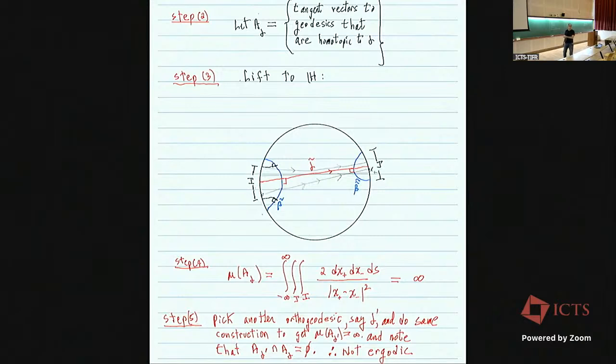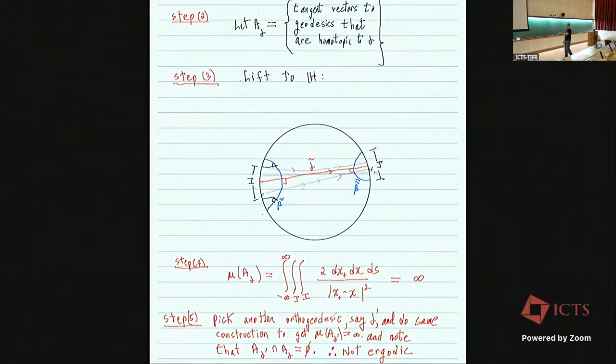But I could have done this with another delta. Pick another orthogeodesic, call it delta prime. And for ease, I'm just assuming these are simple. The orthogeodesic doesn't have to be simple, but pick another one, delta prime, and do the same construction. Get A delta prime, okay? All those tangent vectors are disjoint from A delta, and by the same argument, the Liouville measure of that set is infinite.